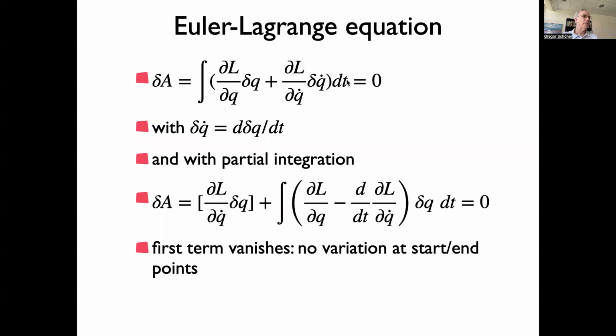times dt. And here you need to believe for now that the variation of velocity is the same as the derivative of the variation. I just expressed here what the contents of that is, and you can exchange the variation with a d, and now you can do a partial integration of that. You lift this up by integrating this one here.